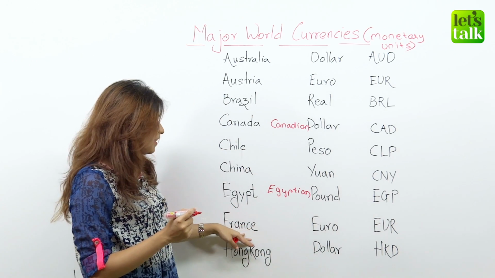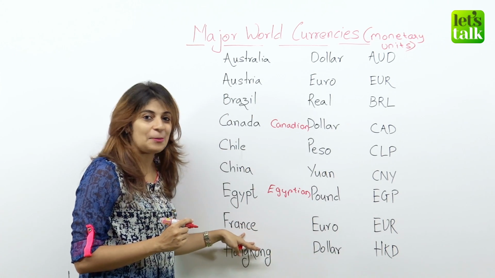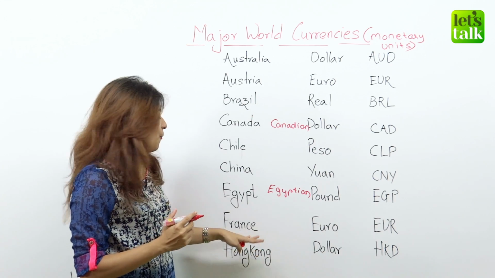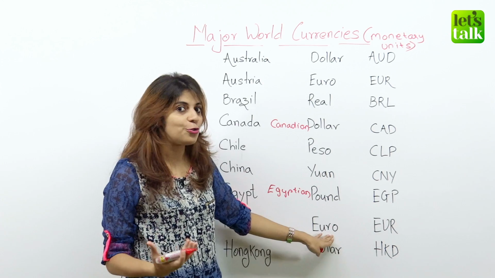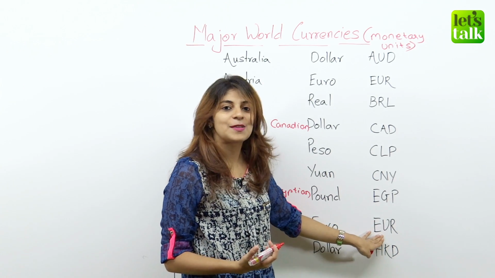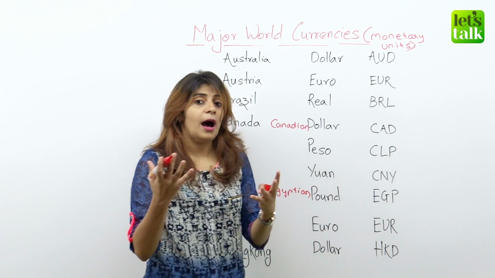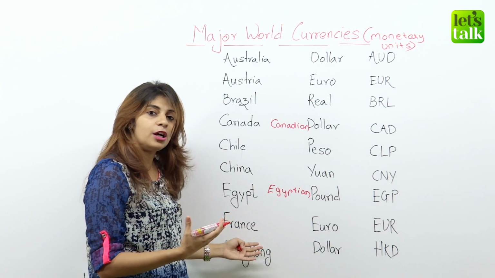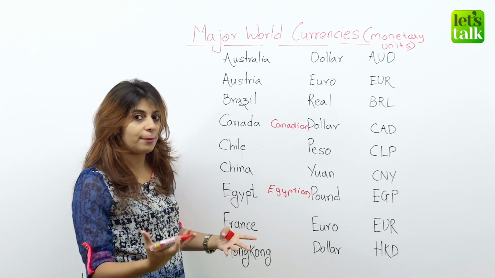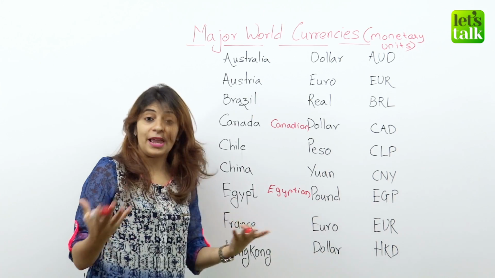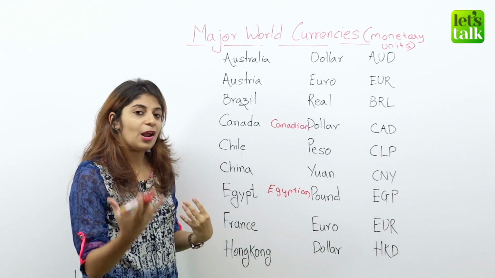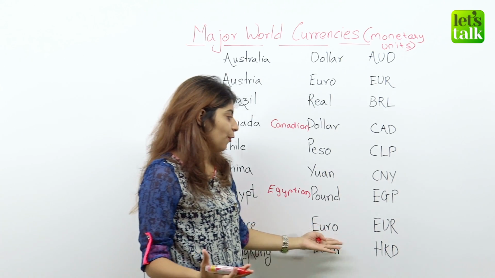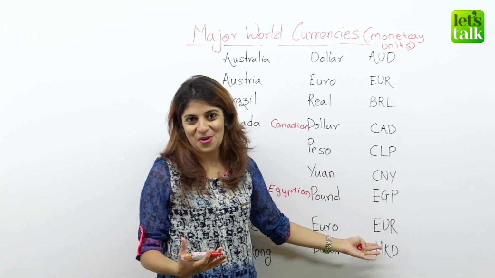Let's move on to another country, which is France, again a part of Europe. So the currency that we use in France is euro, and of course the ISO code is EUR. I haven't included Germany here, but again, France, Germany, Spain, all these countries are a part of Europe, and the currency that is used is euro, and the ISO code is EUR.